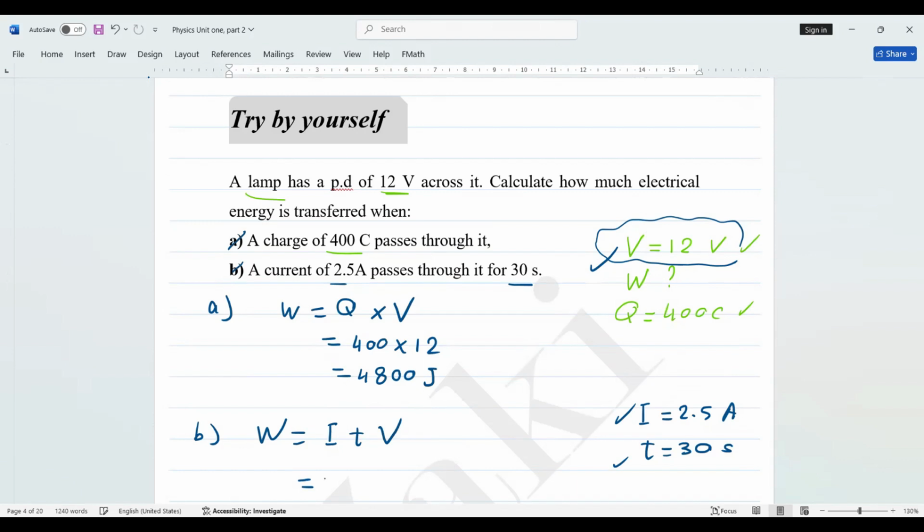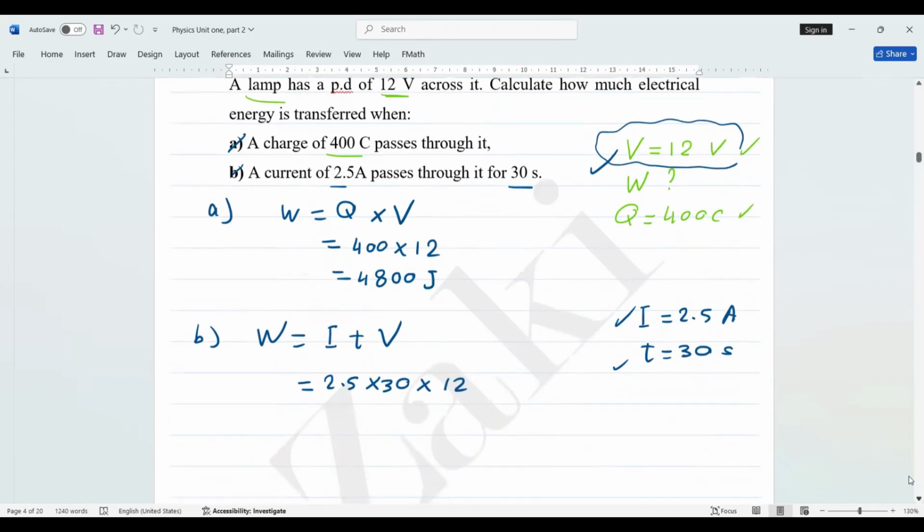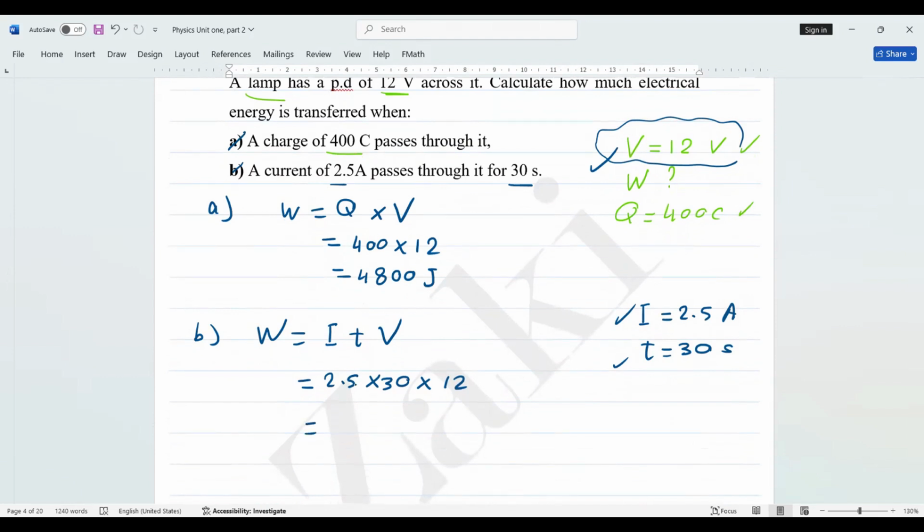I equals 2.5, the time is 30, and the potential difference is 12. 2.5 multiplied by 30 multiplied by 12. So the answer is 900. 900 what? 900 joules. Okay?